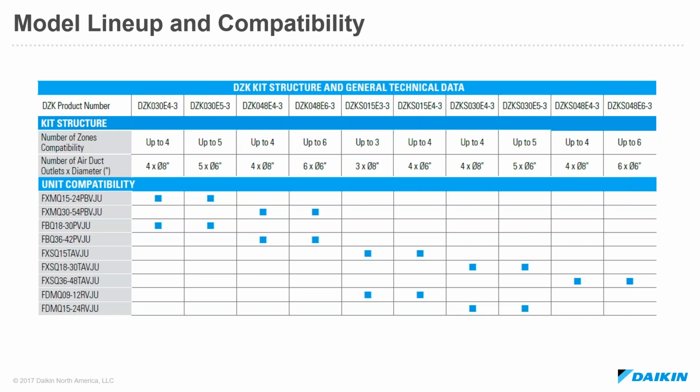And then the last, large body DZKS is the DZKS 048, which is available either as a 4 outlet or a 6 outlet plenum box, and that connects to the FXSQ 36 or 48. So just keep in mind here, you are not seeing a DZKS that's compatible with an FXSQ 54. The plenum box size stops at the 4-ton size with the FXSQ 48.